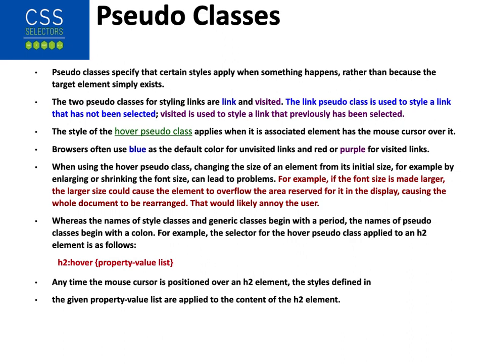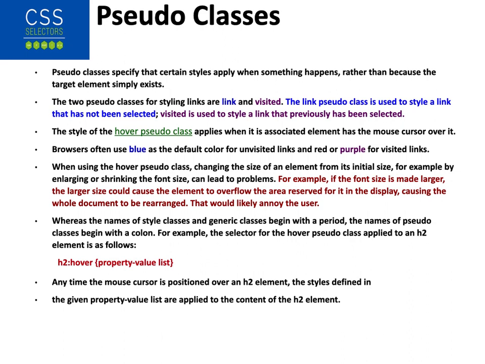The two pseudo classes for styling links are link and visited. So link and visited are two pseudo class names for styling. The link pseudo class is used to style a link that has not been selected, and the visited pseudo class is used to style a link that previously has been selected.